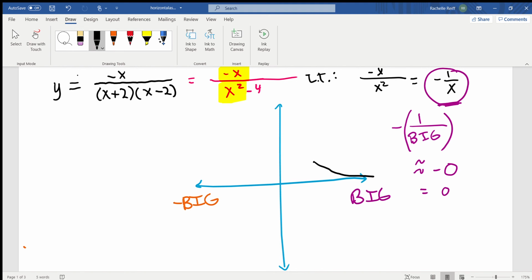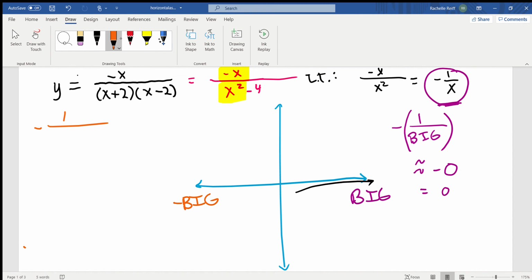Okay, now we've done it if we plug in really big positive numbers on the right side. But what happens if we plug in really, really big negative numbers? Let's try that. So we have negative 1 over a really, really big negative number, right?